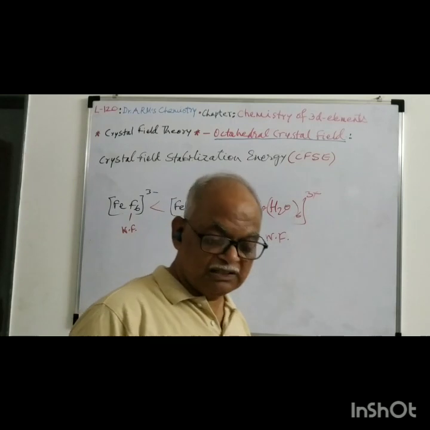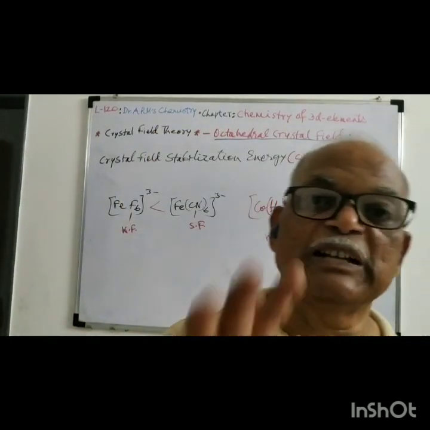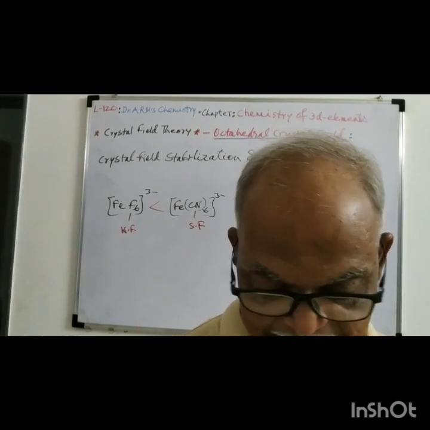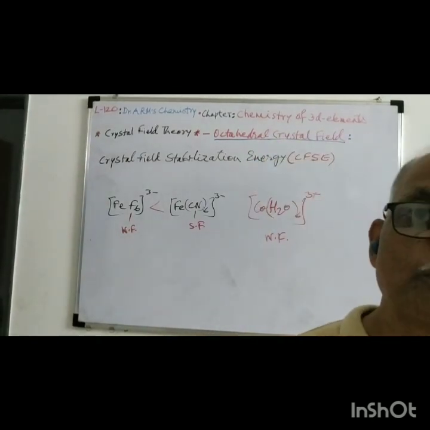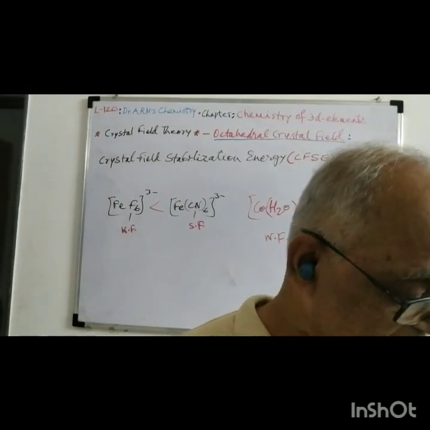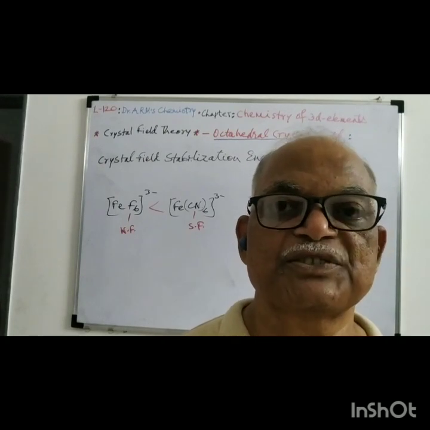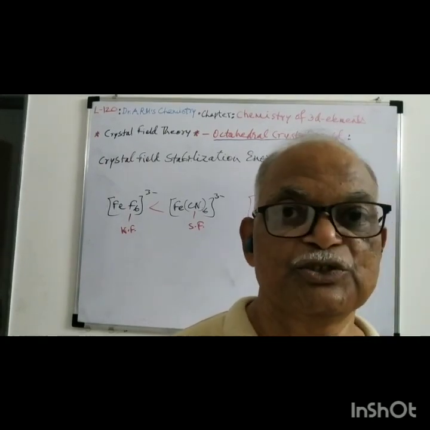The ligand is weak field. The complex is therefore unstable or less stable, we can say. So depending upon the nature of ligands, we can predict whether the complex is stable or not, and that is much better understood by calculating the CFSE, crystal field stabilization energy.